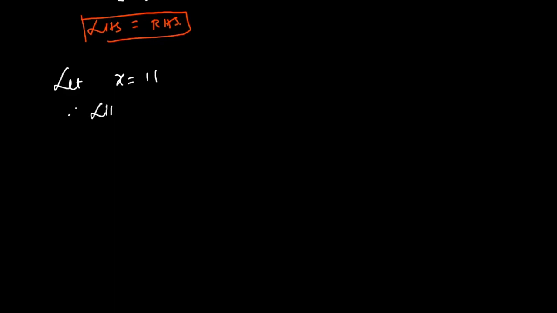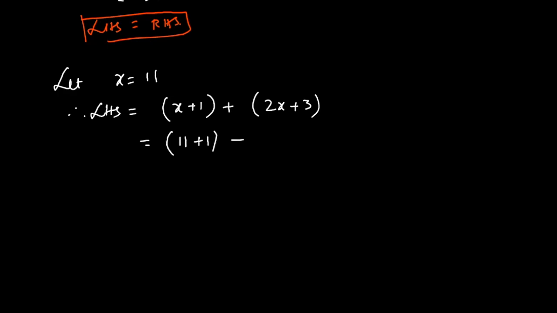Therefore the left hand side equals x plus 1 plus 2x plus 3 equal to 11 plus 1 plus 2 into 11 plus 3, which is 12 plus 22 plus 3, which is 12 plus 25, equal to 37.